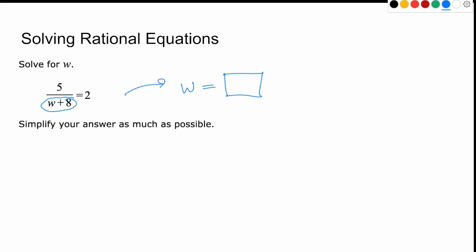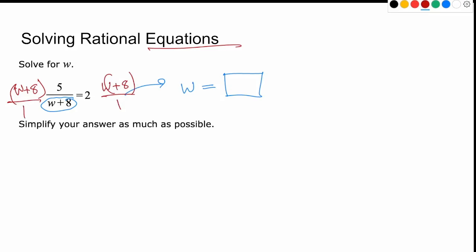And so the first thing we're going to do is we will multiply by the denominator's expression on both sides. And working with equations, since they're equal, they're balanced, the way we keep them equal and balanced is to do the same thing to both sides whenever we do it. So we're thinking that we're now multiplying by w plus 8 really over 1.